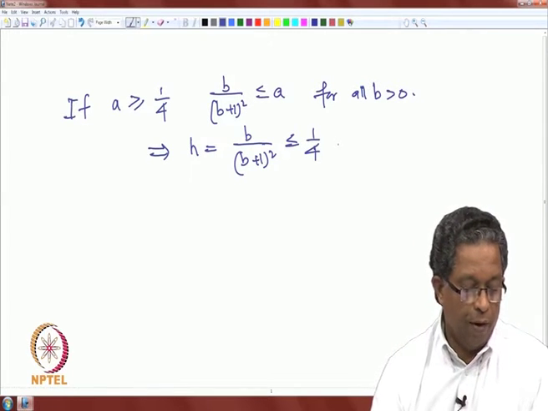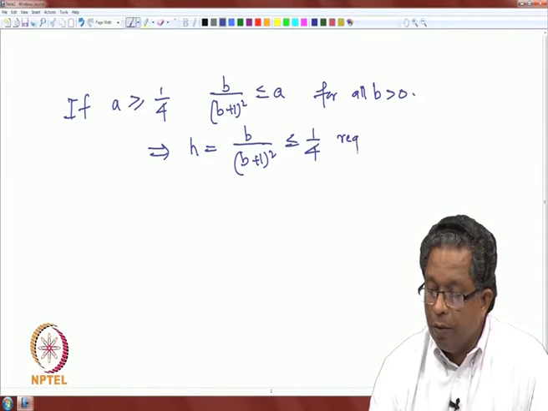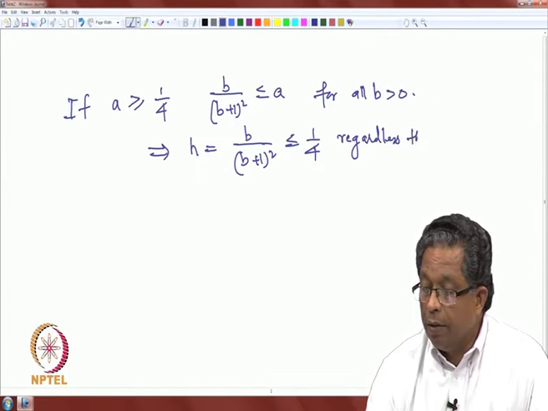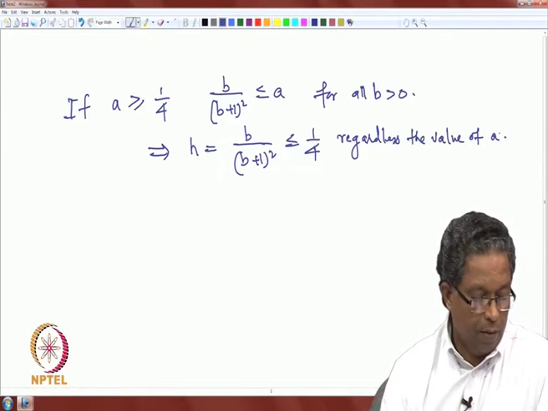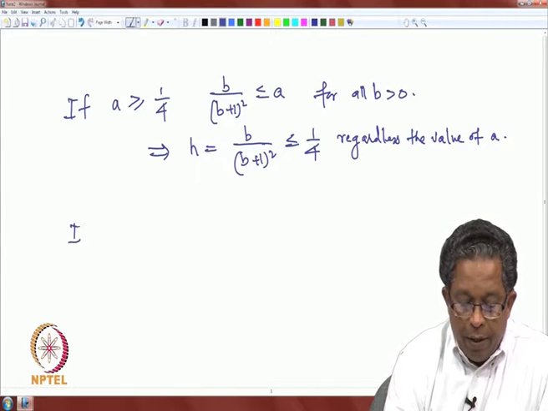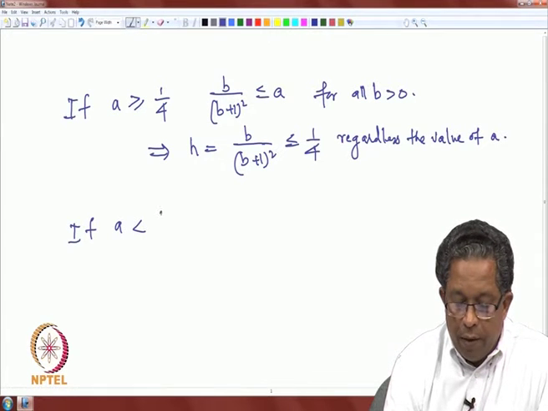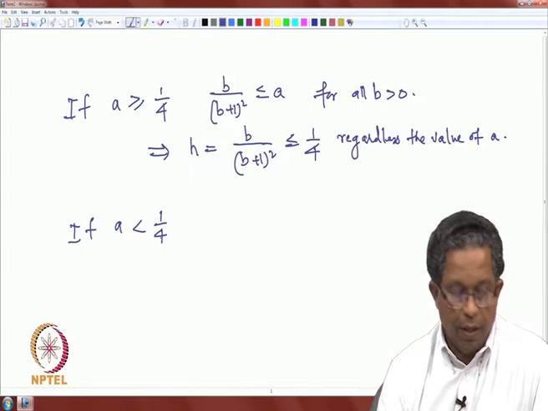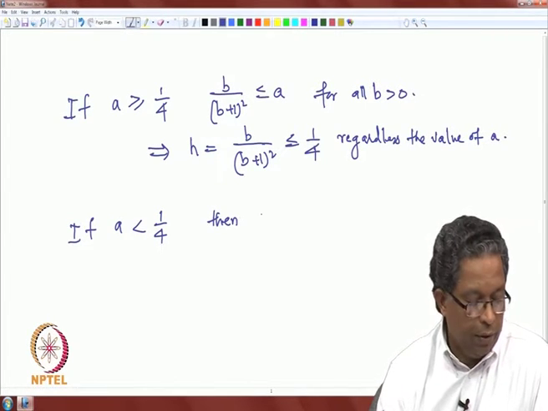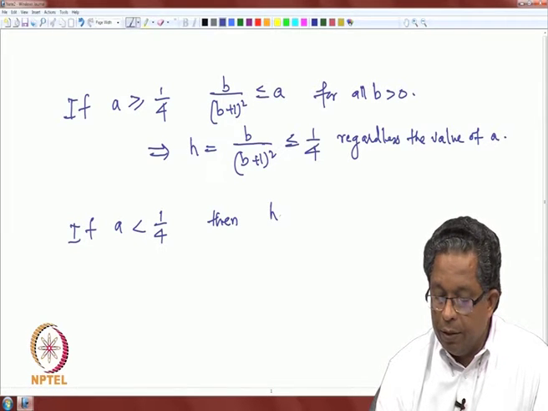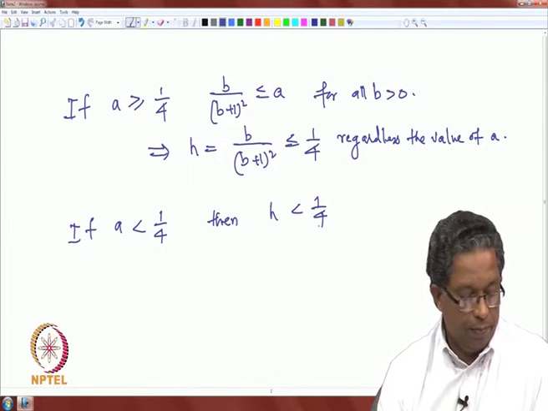So, it does not matter what value of a is, regardless of the value of a. On the other hand, if a is strictly less than 1 by 4, then by definition naturally h is strictly less than 1 by 4.